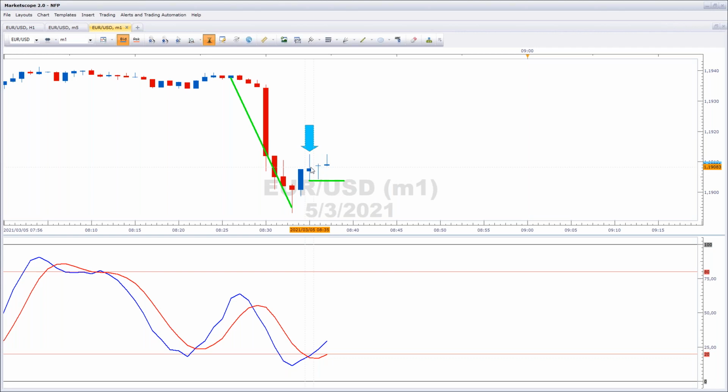Just trying to keep an eye on the signal here. Here's still the reference candle. This is lower than this.